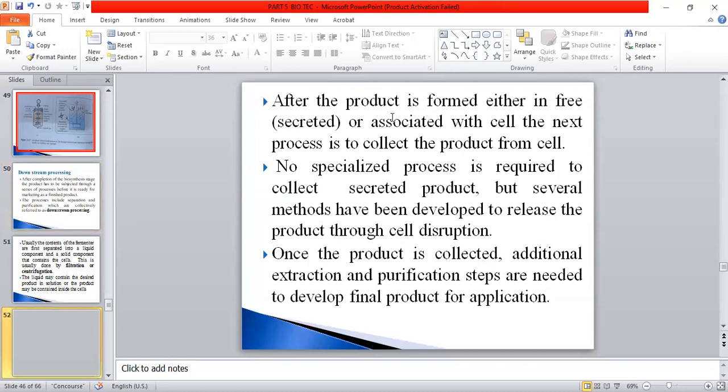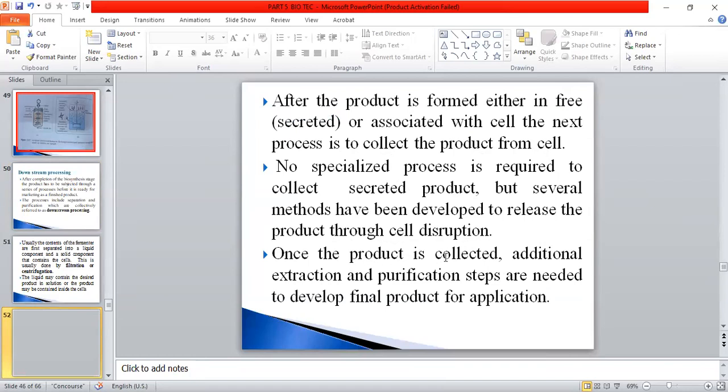Next, after the product is formed, either free, secreted, or associated with the cell, the next process is to collect the product from the cell. No specialized process is required to collect the secreted product, but several methods have been developed to release the product through cell disruption.